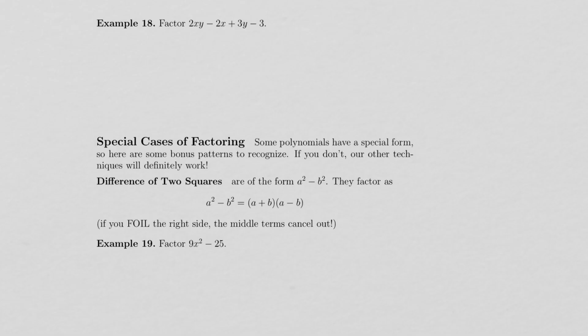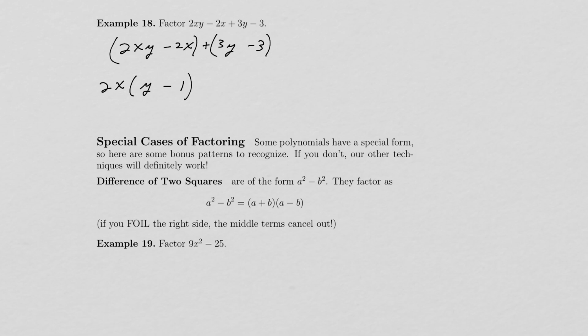Again, this has 4 terms, so let's just try factoring by grouping. If I group the first 2 terms, and then the last 2 terms, what can I factor out of the first group? Well, it looks like I could take out a 2x, and I'm left with a y minus 1.